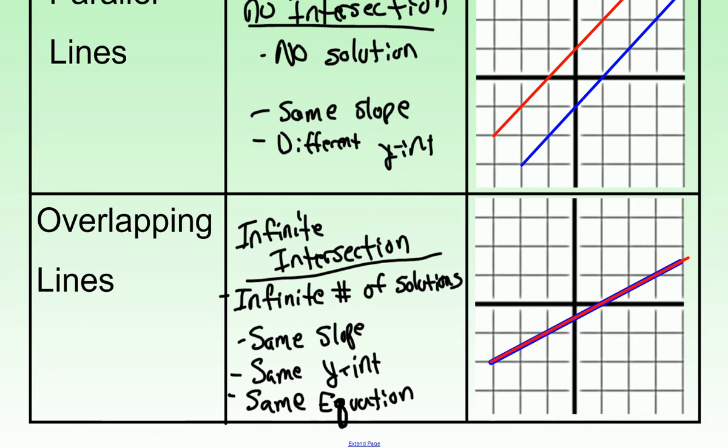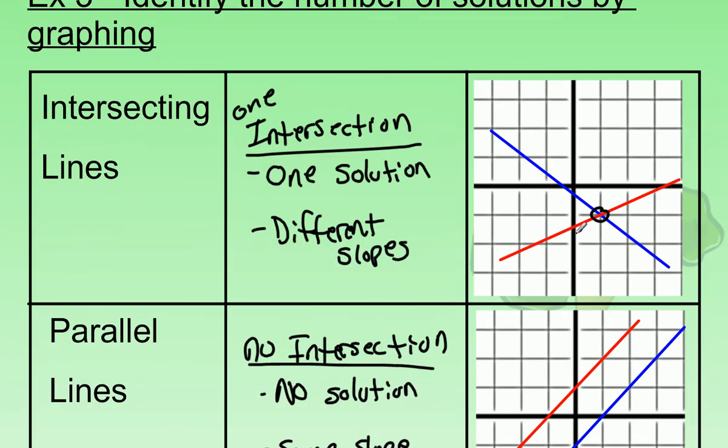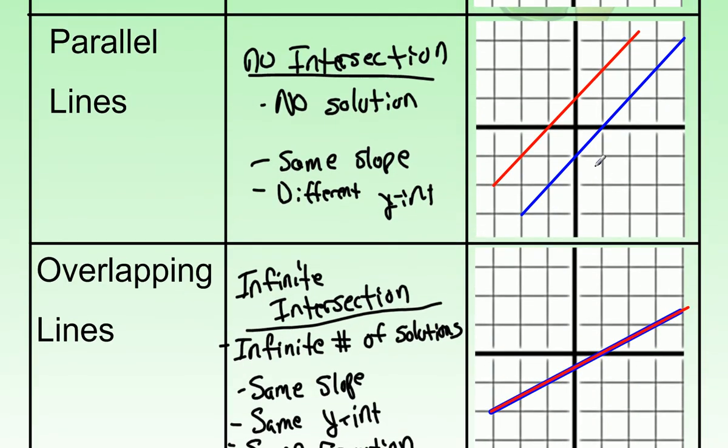So now, you don't even have to graph in order to tell if there's one solution, no solution, or infinite number of solutions. All you have to do is figure out, do they have the same slope? If they don't have the same slope, that means they have to crisscross somewhere. If they do have the same slope, they could either be parallel or overlapping, because they're going the same direction.